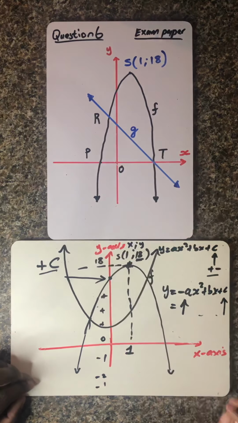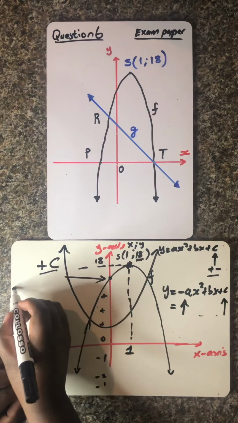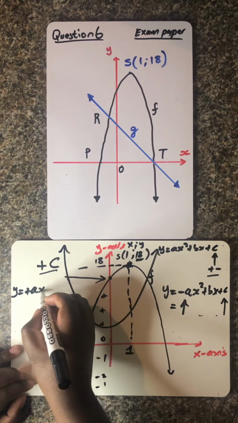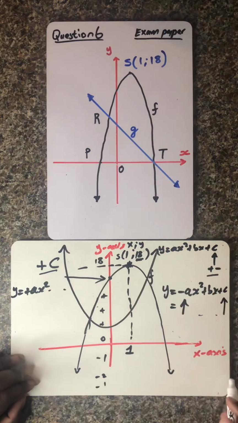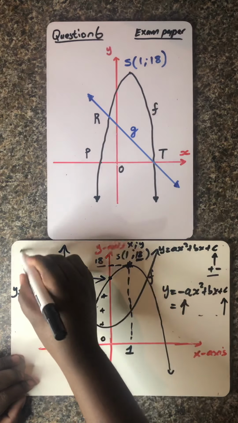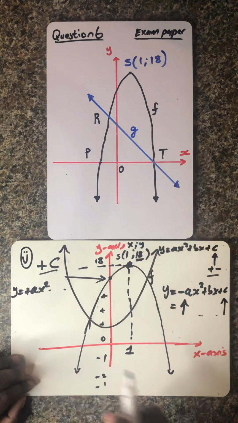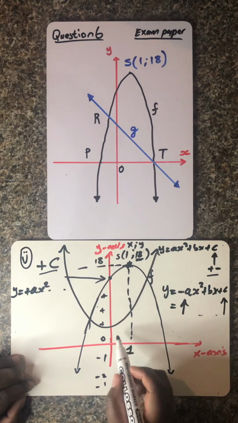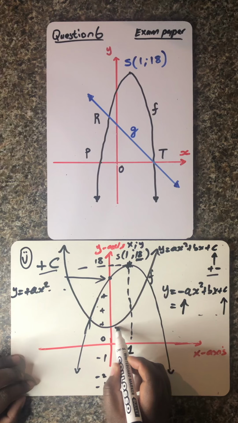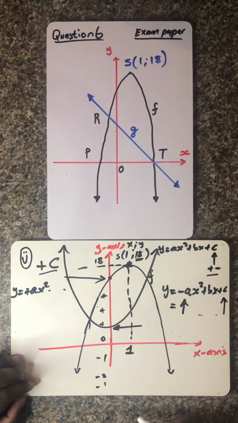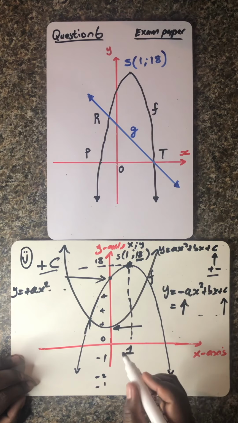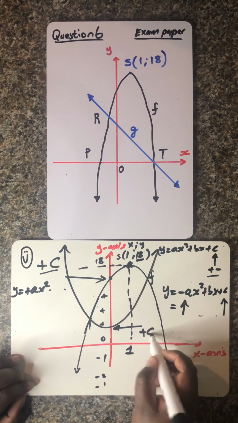Obviously, ladies and gentlemen, we know it should be y equals a positive a and everything else. Why? Because we've got a smiling shape. One thing for sure, our c value over there should be a positive c.